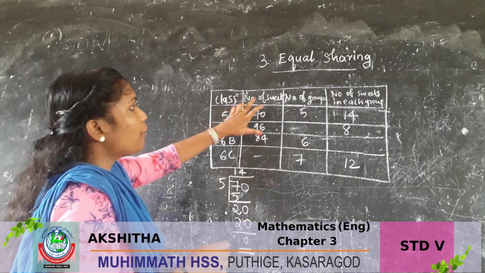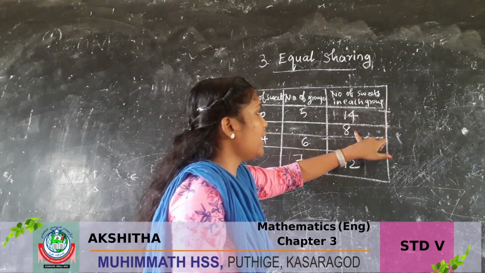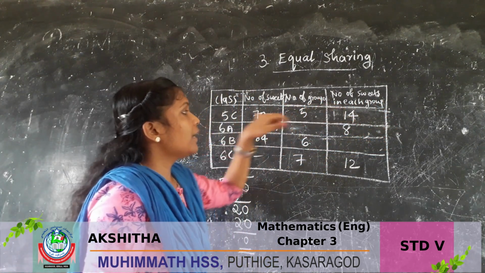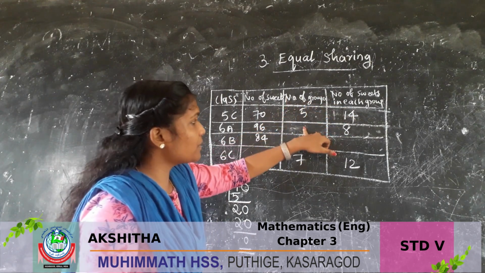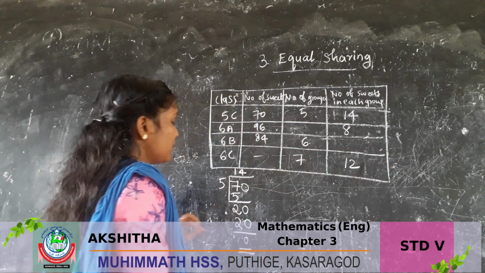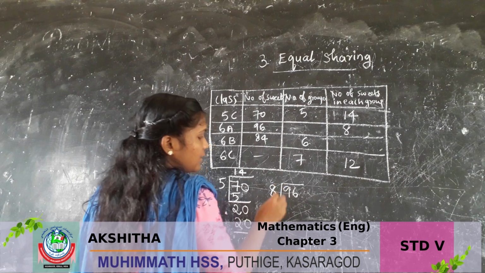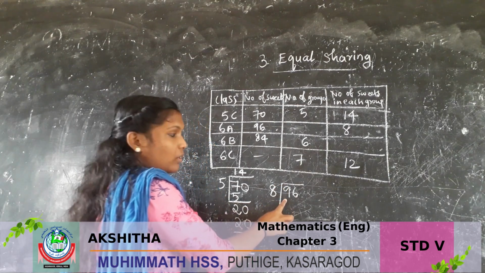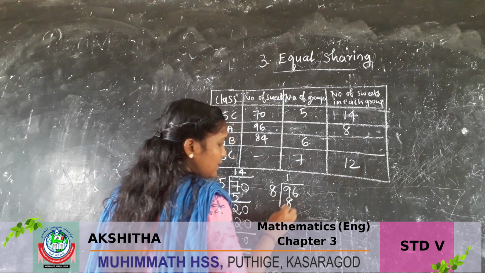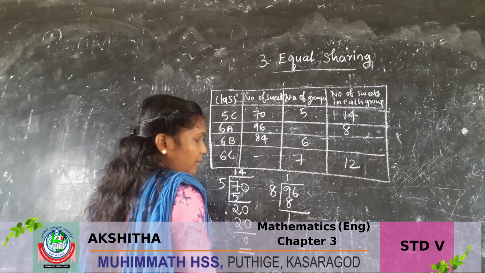Next, here the number of sweets is 96. The number of sweets in each group is 8. So we have to find the number of groups. To find that, we divide 96 by 8. Here also we consider the smaller number. 8 ones are 8. 9 minus 8 is 1.